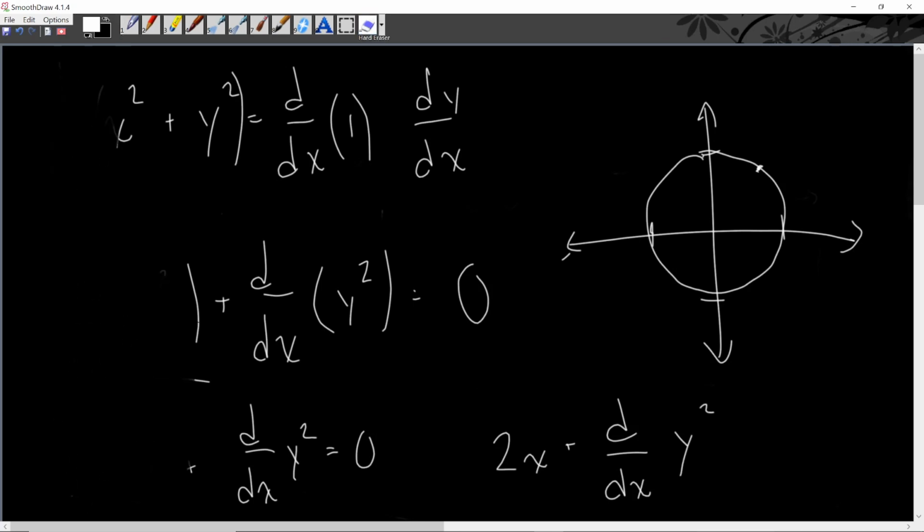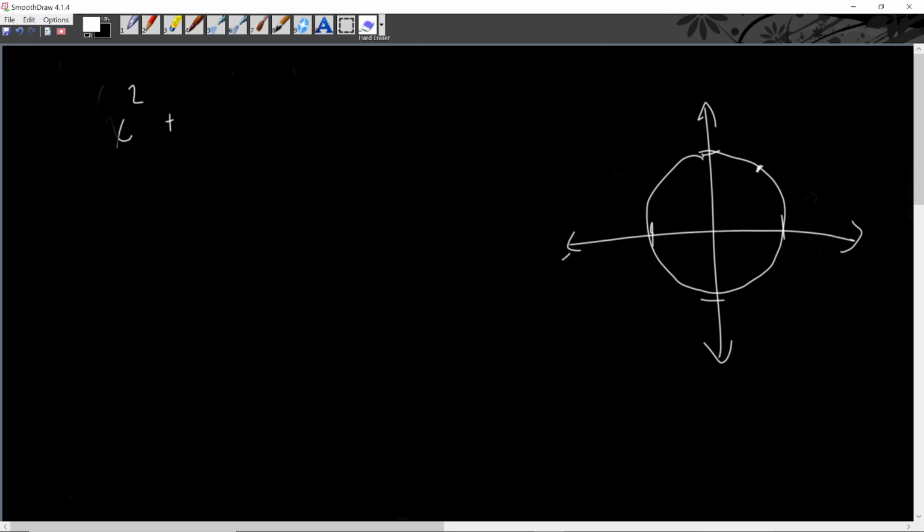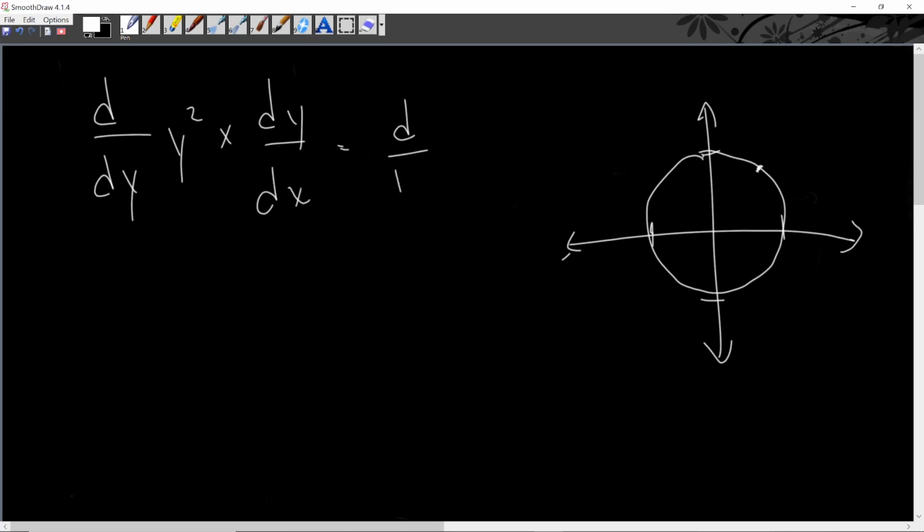And now from here, we can use our chain rule. We know that y squared is not a function of x, but we can differentiate y with respect to y. So d dy of y squared times dy dx. This is the same as the derivative with respect to x of x squared.